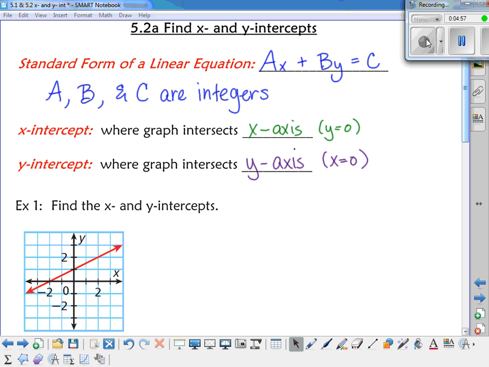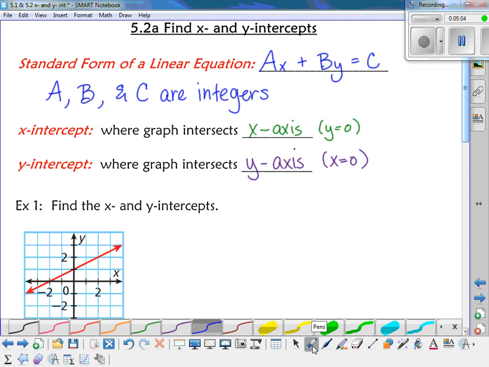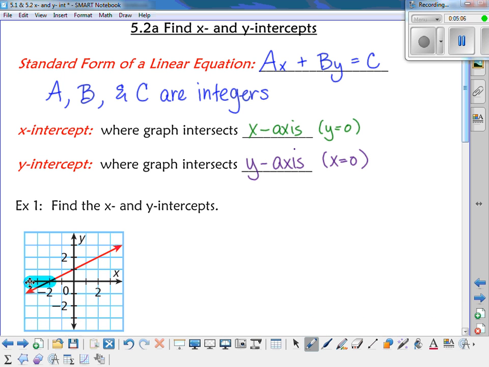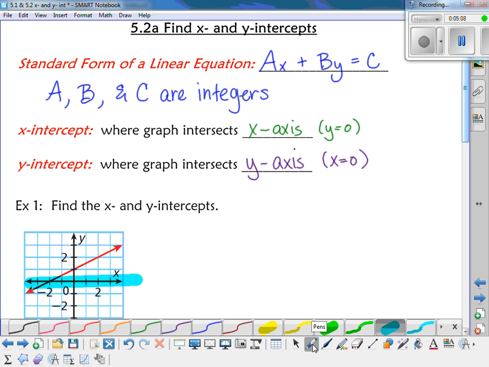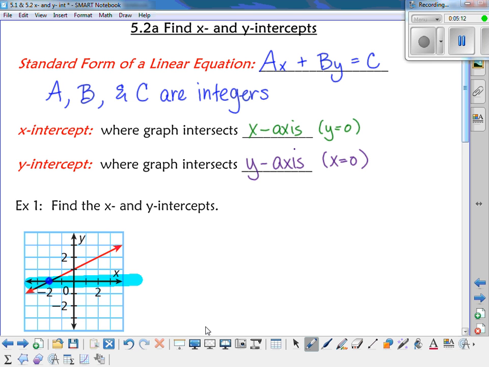Okay, so for some of your homework problems, you're just going to have to look at the graph and tell me what the x and y intercepts are. So if I look here at my x-axis, I look to see where the line crosses the x-axis. It's right here at -2, right? So what that point is, x is -2, y is 0.